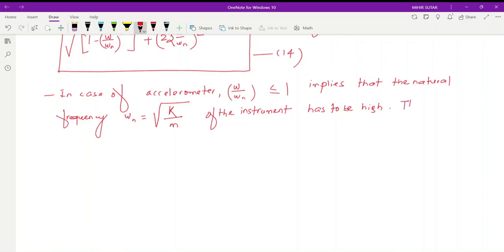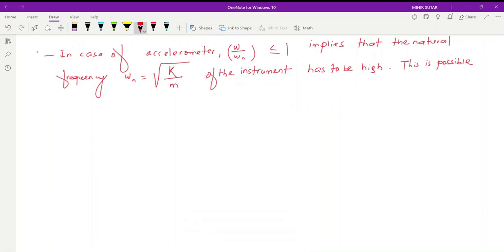This condition is possible if the spring stiffness, that is your K, is large, and the seismic mass is small.